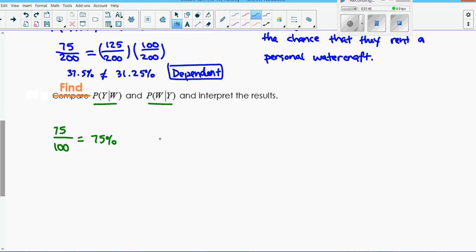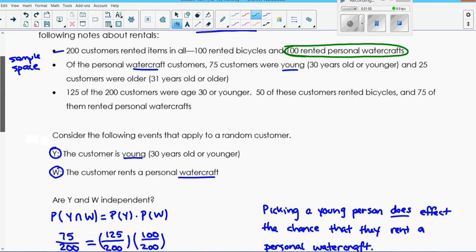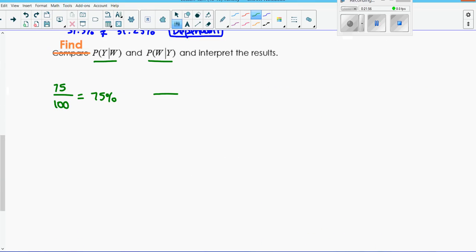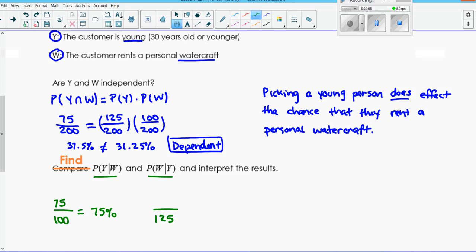And then over here, I'm looking at how many were young. So that's my sample space. 125 of the 200 customers were age 30 or younger. So 125 were considered young. And now I'm asking, out of those 125, how many of them rented personal watercrafts?